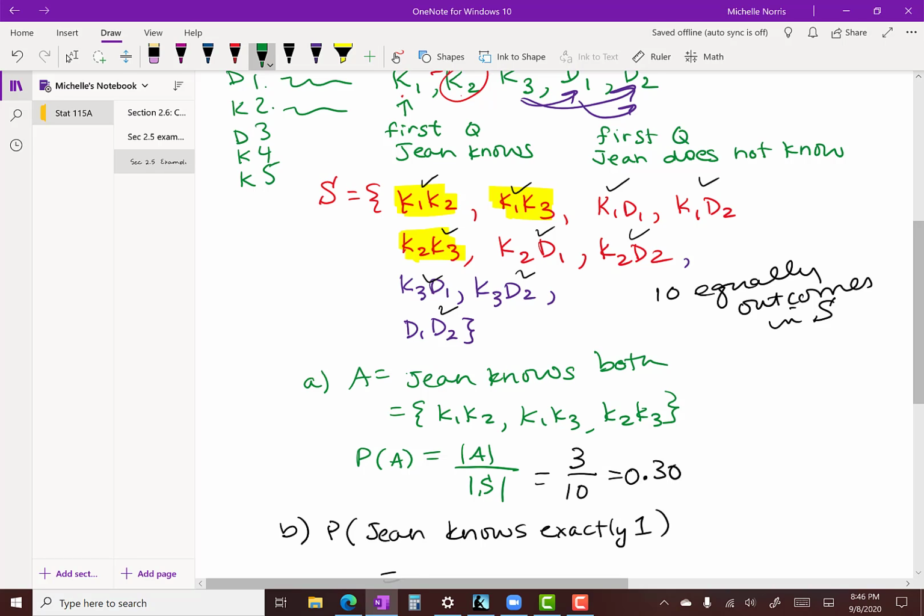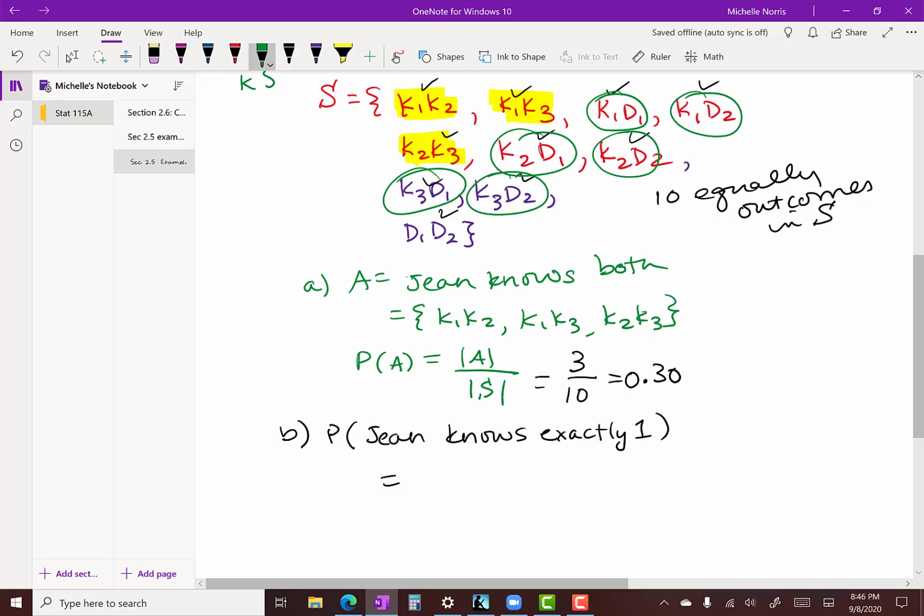So it's not K1, K2, not K1, K3. K1, D1 works, K1, D2, K2, D1, K2, D2, K3, D1, and K3, D2. So there are actually 6 outcomes. So it's the number of outcomes in the event divided by the number in the sample space. So 6 out of 10, or 0.60. So the circled outcomes are in this event.